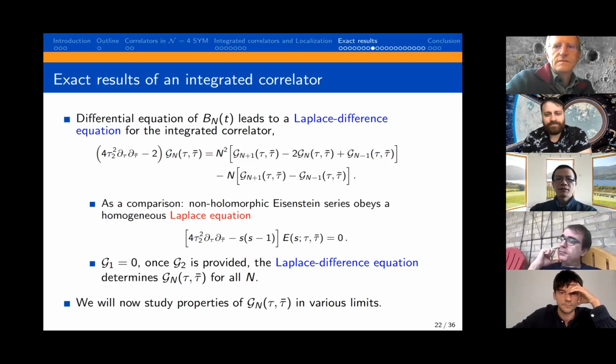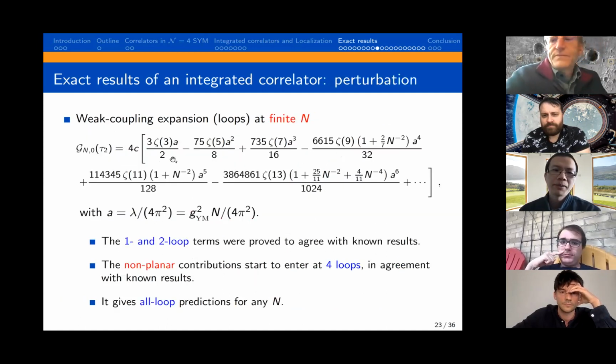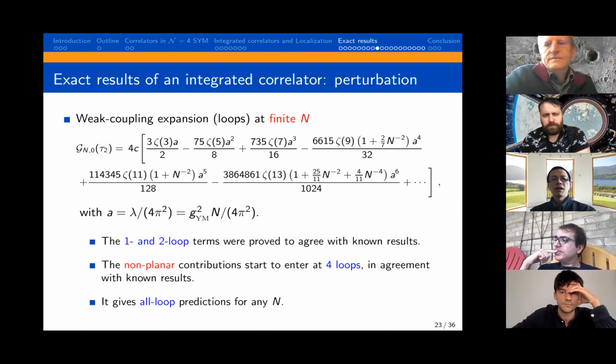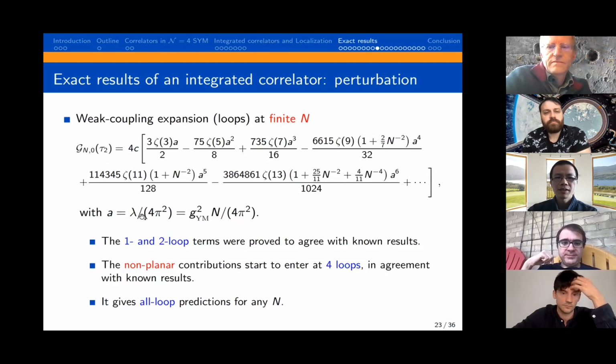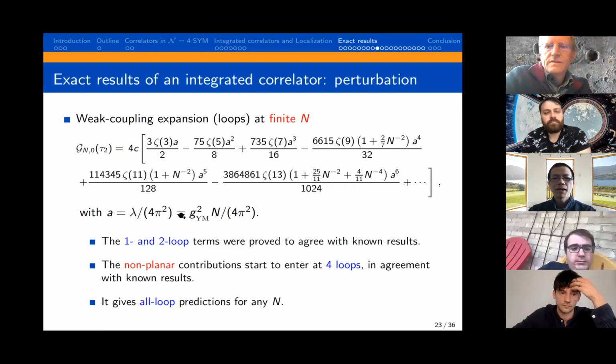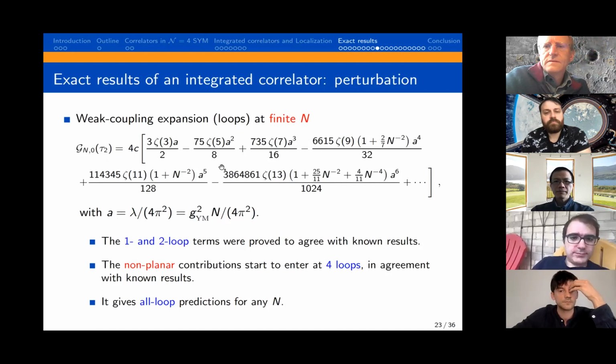Right. So let me now start to play with this object. Let me begin with perturbation. Now you have the formula, so obviously I can just expand it to any loop I want, for any finite n. Here I introduce A, which is just the coupling divided by pi.